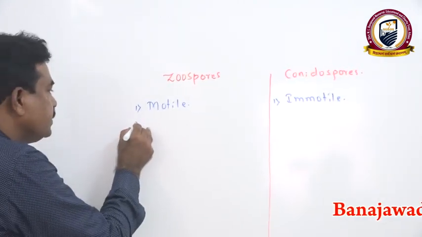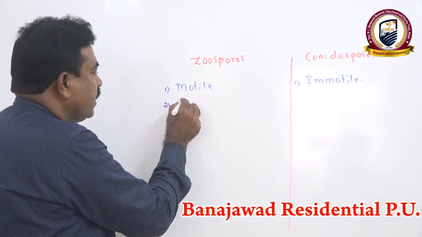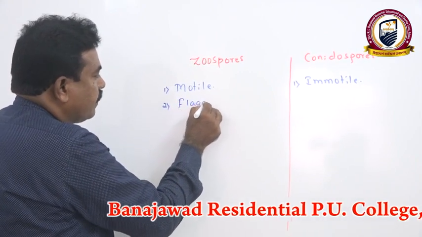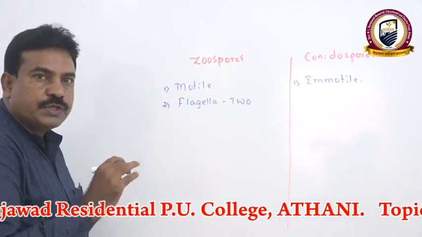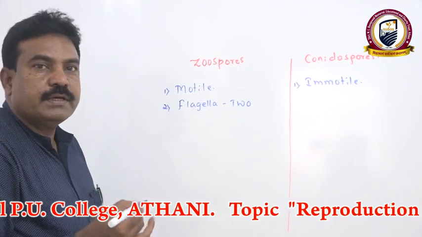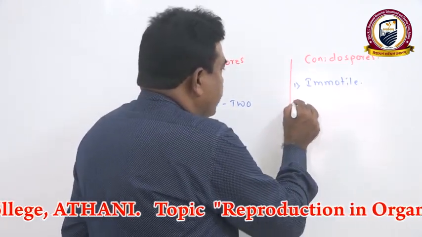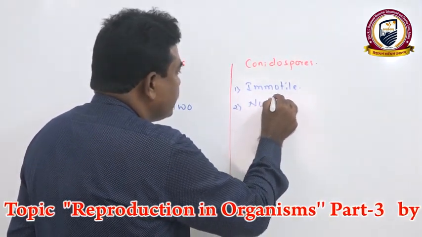The major reason zoospores have motility is because they have flagella. There are two flagella present in case of zoospores. Therefore, they can move from one place to another by flagellar movement. Whereas in conidiospores, there is no flagella at all.